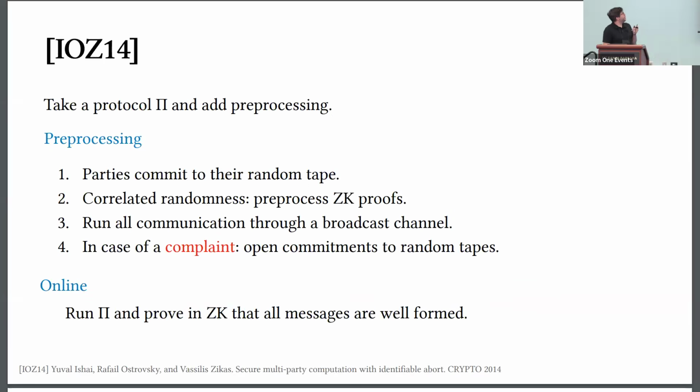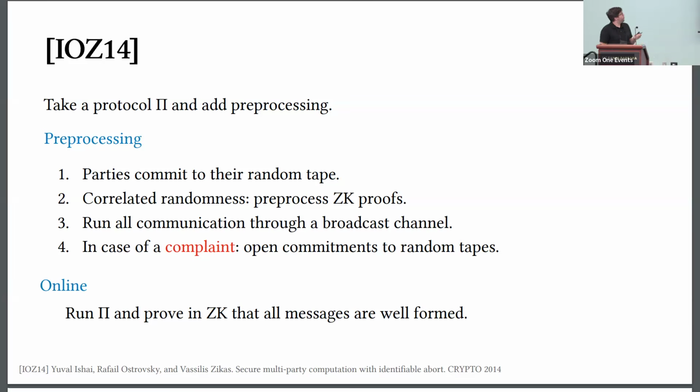Okay, so although you can tweak the GMW compiler to get identifiable abort, the first paper that really took a shot at it systematically was this paper from Ishai, Ostrovsky and Zikas from Crypto 2014.